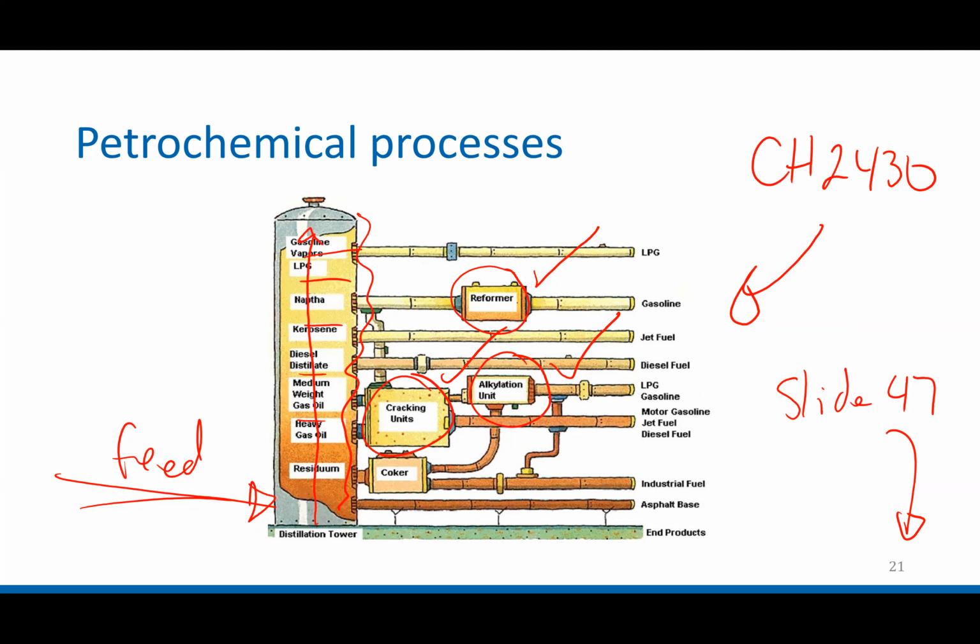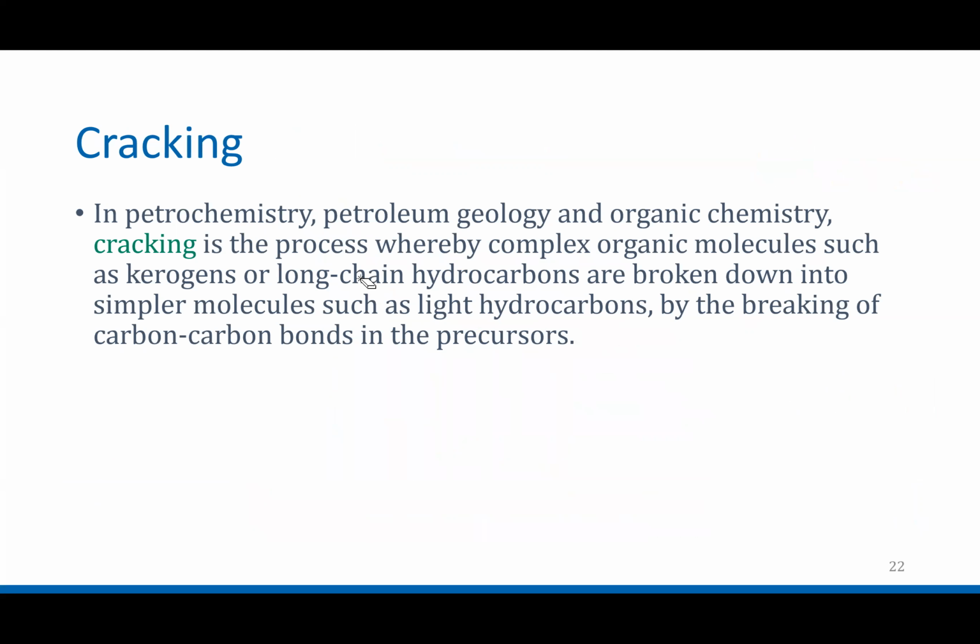Okay, so like I said, feed tube here, feedstock, you might call it, brings the crude oil into the fractional distillation unit. Once it's separated based on the boiling point property, there's other processes that happen for refining. The first process is one you might have learned about in chemistry 1120, and it's called cracking.